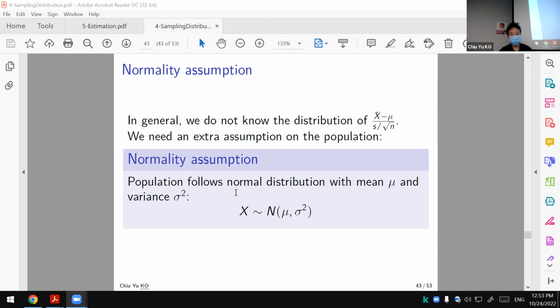But the crucial thing is when we have to use S instead of sigma, we need to assume normal distribution, which we call the normality assumption, okay? This is somewhat strong.